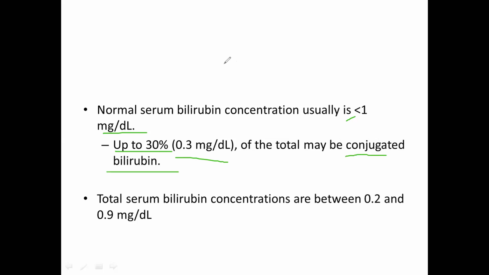When you see the laboratory report, whenever there is measurement of bilirubin, you will get total bilirubin, and below that you will get direct and indirect. So if total bilirubin is 1 mg per dl, nearly 0.3 mg per dl will be conjugated bilirubin, and the remaining 0.7 will be unconjugated bilirubin.